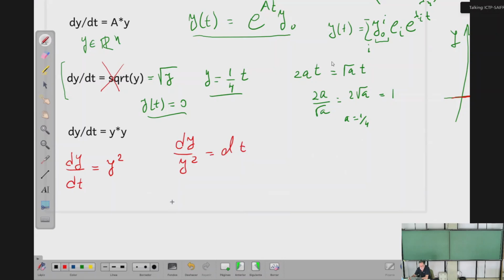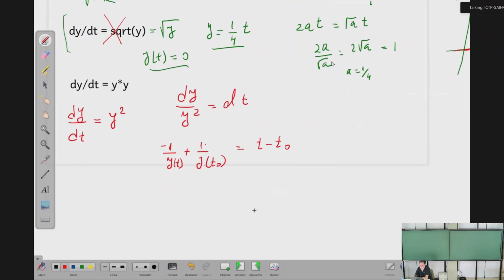We integrate this, and so we get 1 minus y, this in some t0 and this in some t, is equal to the integral of this side, which is t minus t0. So we can solve for y of t, right? We put this on the other side.